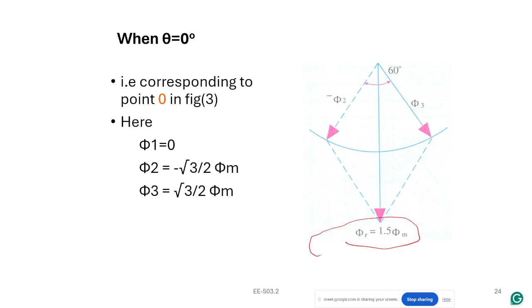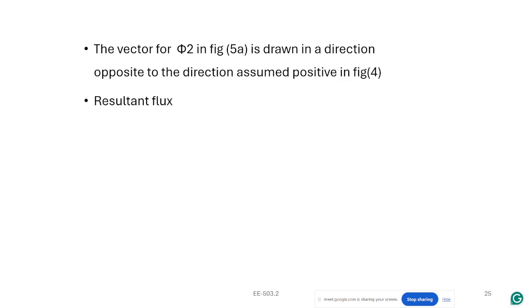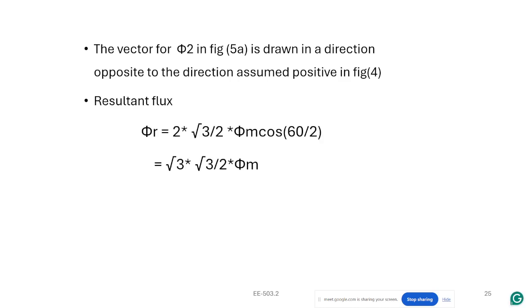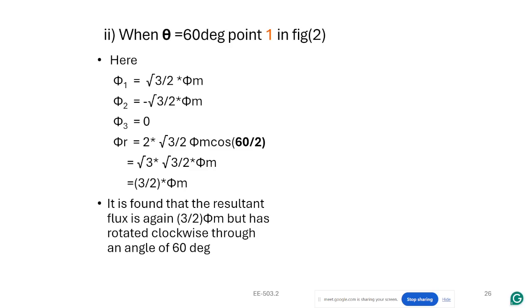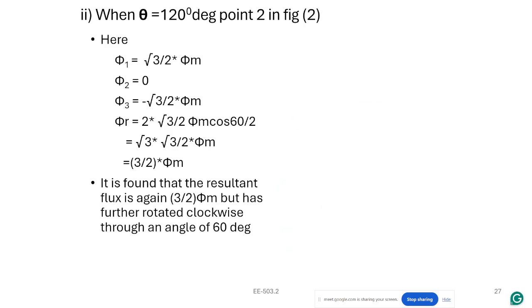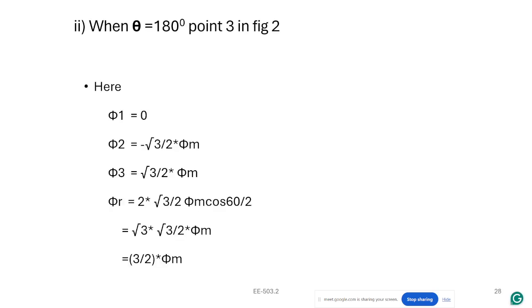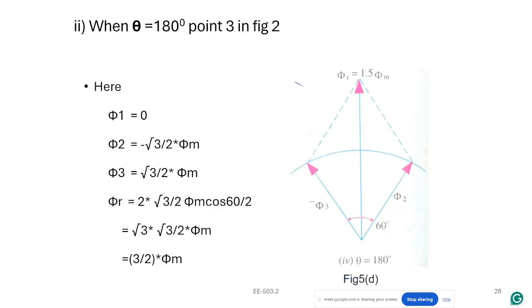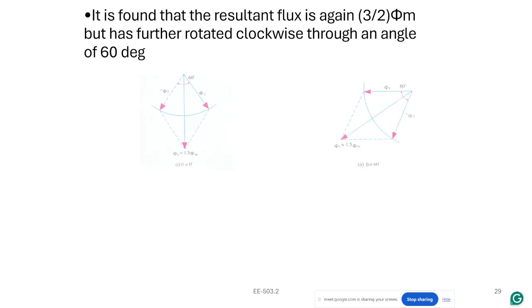So that's one for 0 degrees, another at 60 degrees, next 120 degrees, another for 180 degrees. So for these four instants, 0, 60, 120, 180, how would the resultant look?